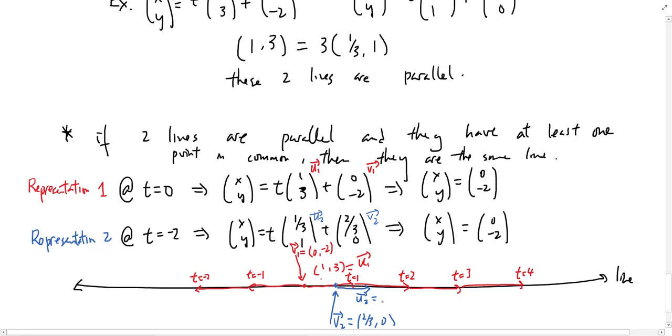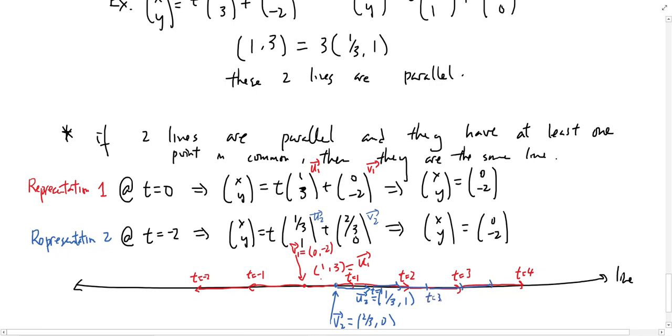And notice that it's significantly shorter than U1, because U1 is 3 times the length of U2. And then this basically does the same thing. So this is t equal to 1, and then it will go the same length, t equal to 2, t equal to 3, t equal to 4, t equal to 5, and on.